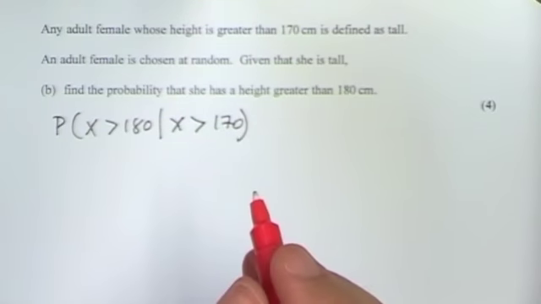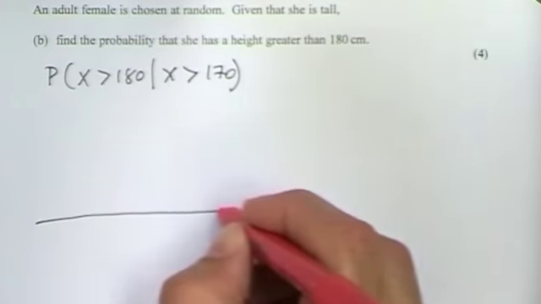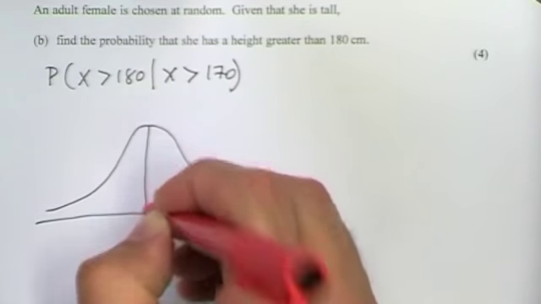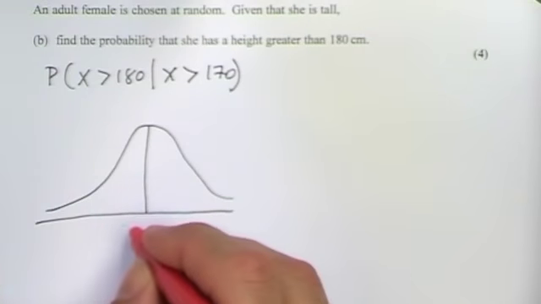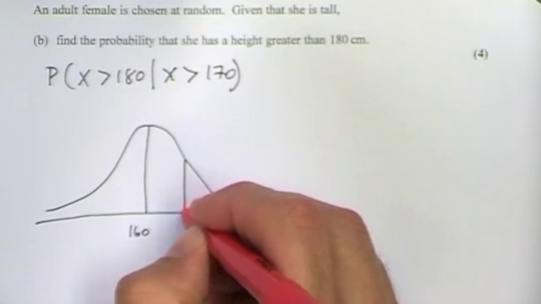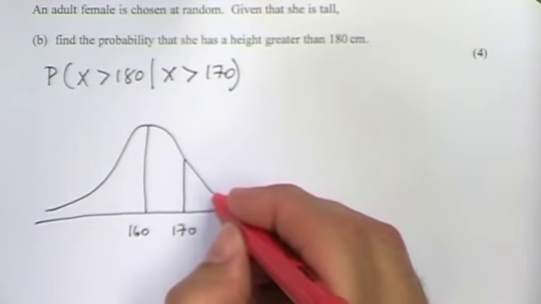If I draw that on my diagram, there's a bell curve. The mean was 160. Given she's tall, so we know she's above 170, and we want 180.